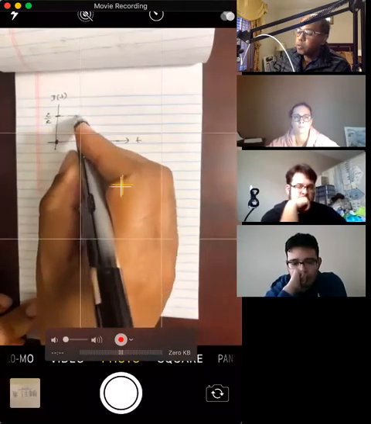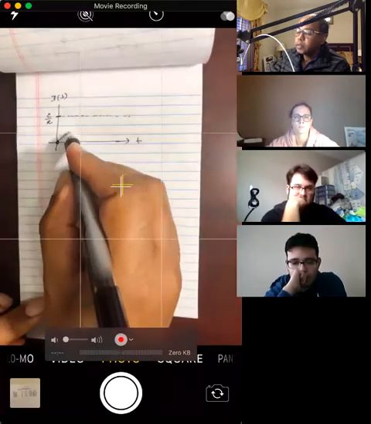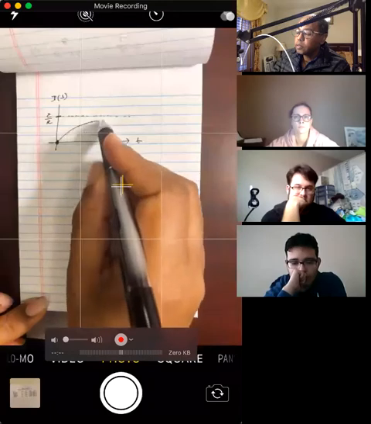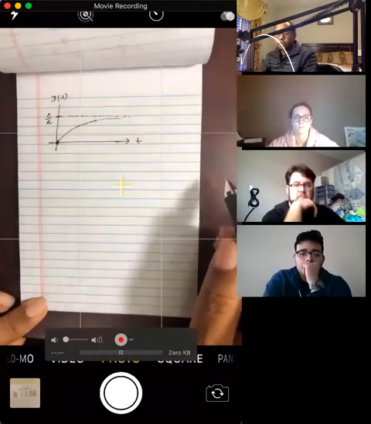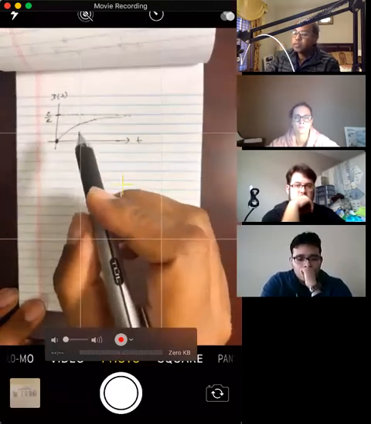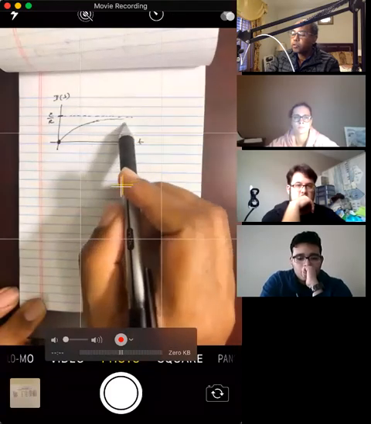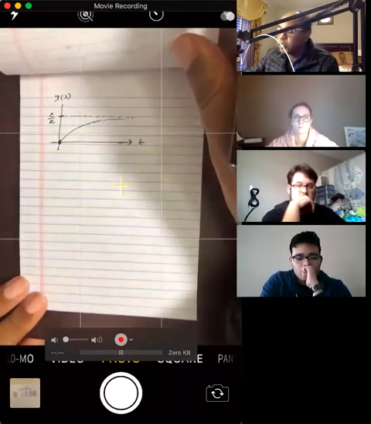So it will approach this line asymptotically. Okay, it will go like this. How fast it approaches this line depends on the time constant R over L. If it's a very large value, it's going to go like this. If it's a very small value, it's going to go very slowly over here. And that's why it's an important number for circuit designers.